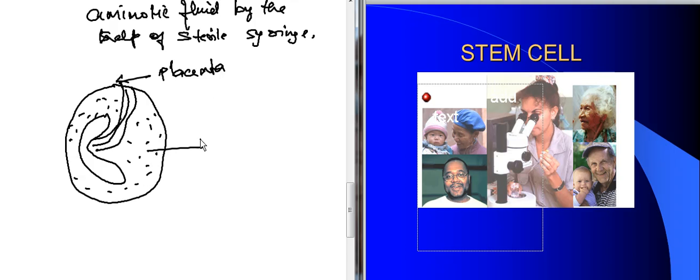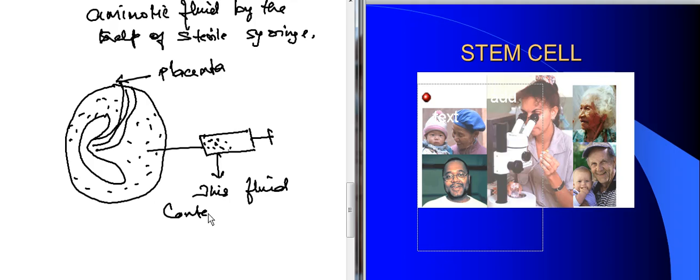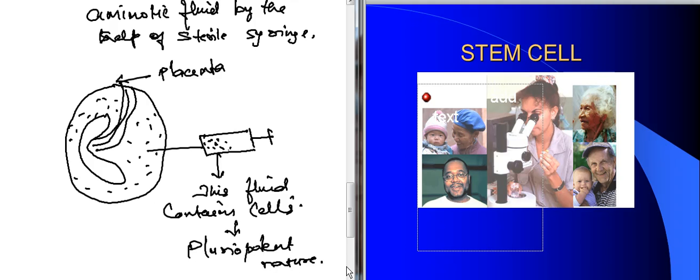There is a syringe through which the fluid is taken. This fluid contains cells. These cells have a pluripotent nature. Okay, so let's see how these pluripotent cells work.